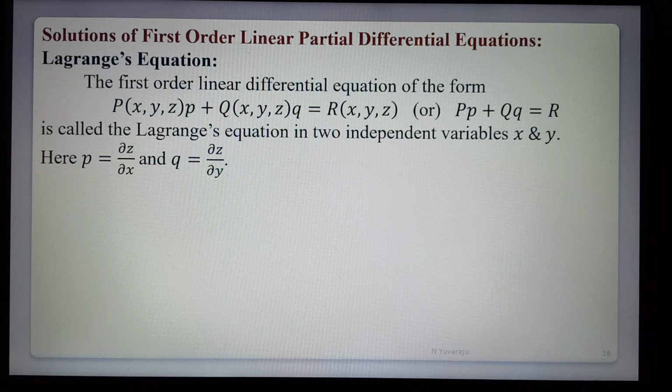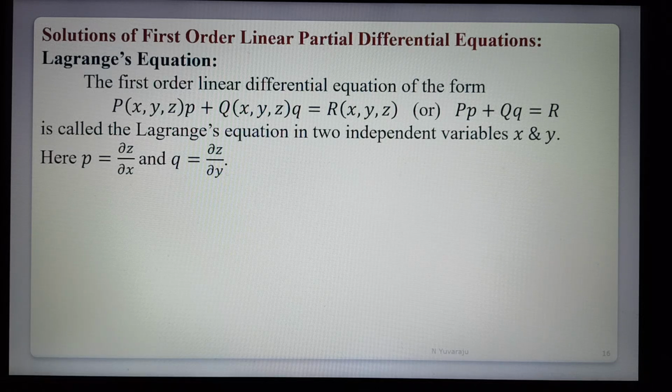The first order linear differential equation of the form capital P of x, y, z into small p plus capital Q of x, y, z into small q is equal to capital R of x, y, z, or in simple form P p plus Q q equal to R, is called Lagrange's equation in two independent variables x and y, where z is a function of x and y. Here p is equal to dou z by dou x and q is equal to dou z by dou y, the partial derivatives.